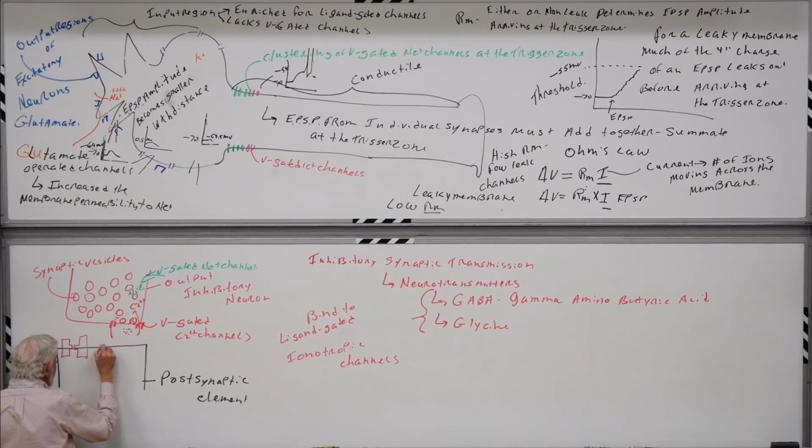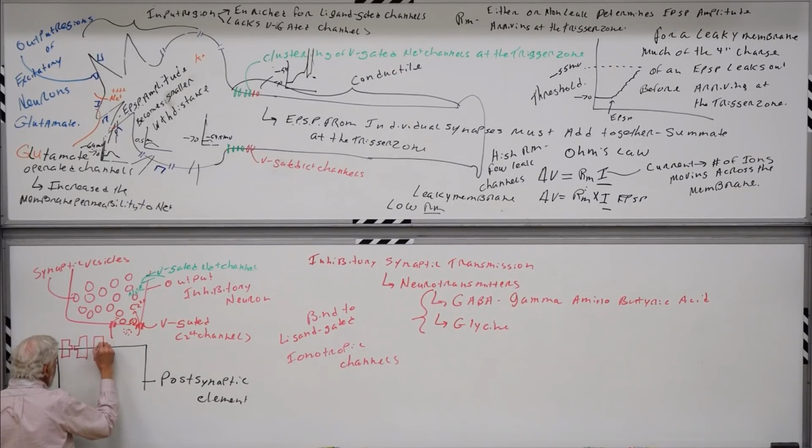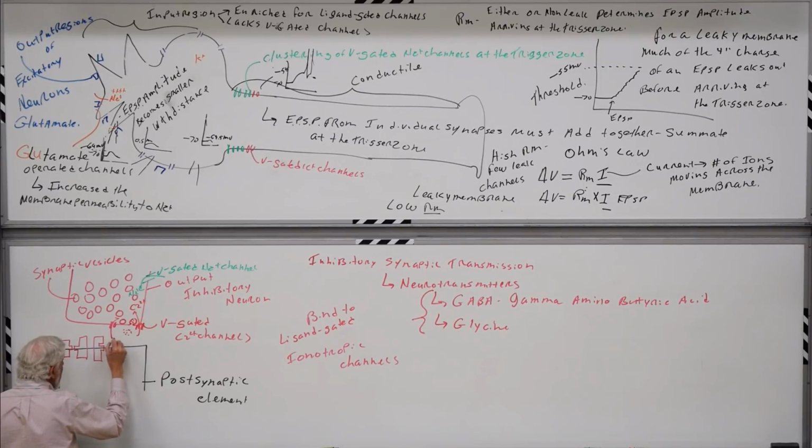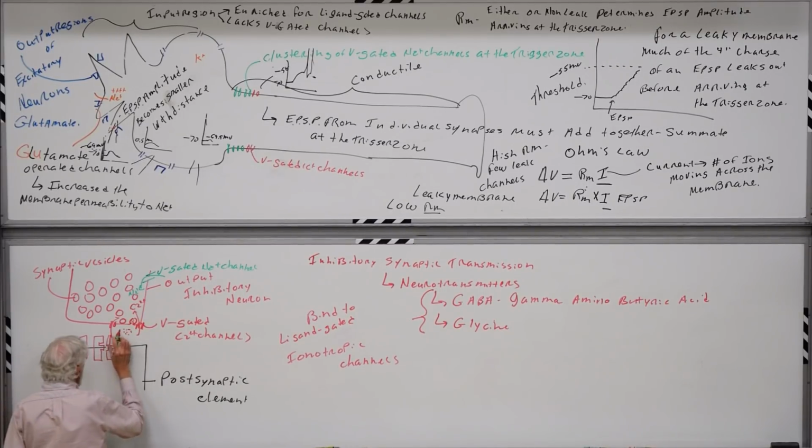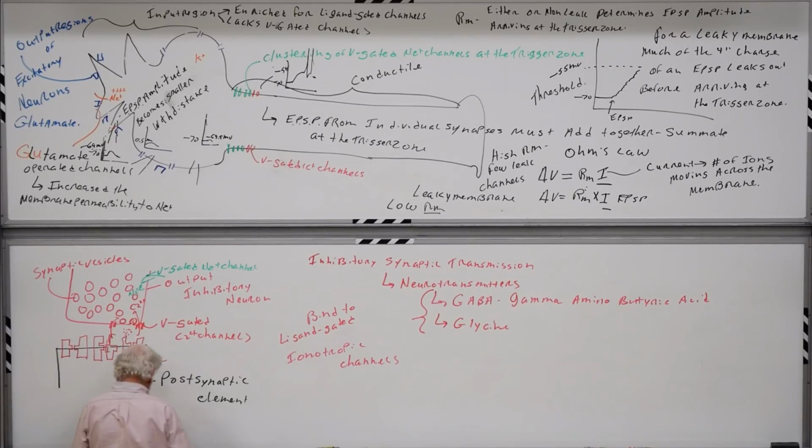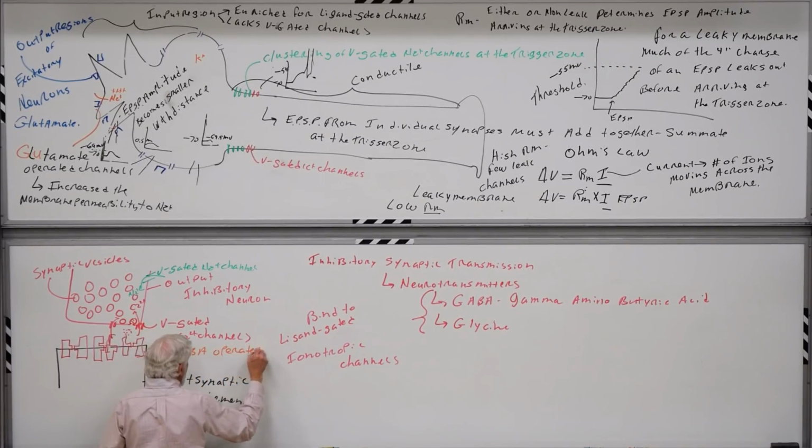And the transmembrane proteins we're going to talk about here are the ligand-gated ionotropic channels. Now, let's say that these are GABA operated. So these are the GABA operated channels.